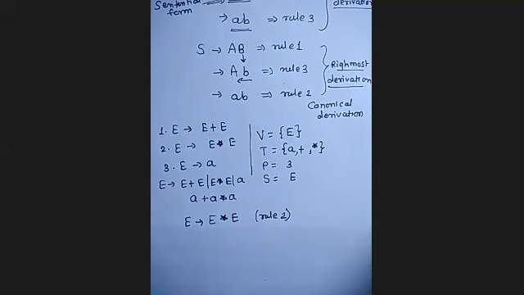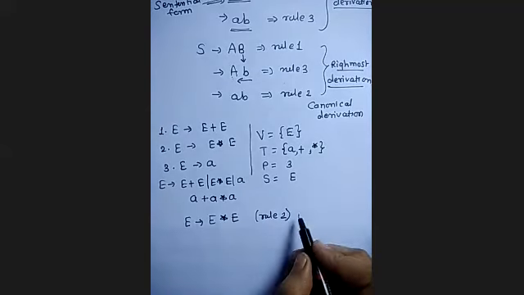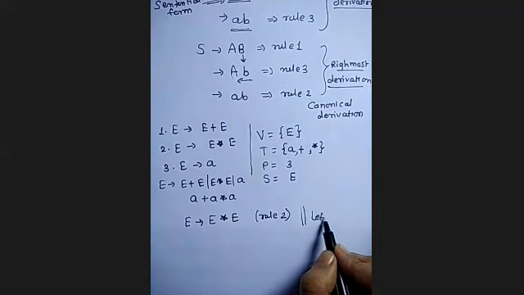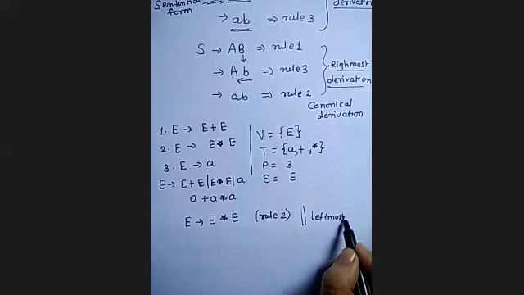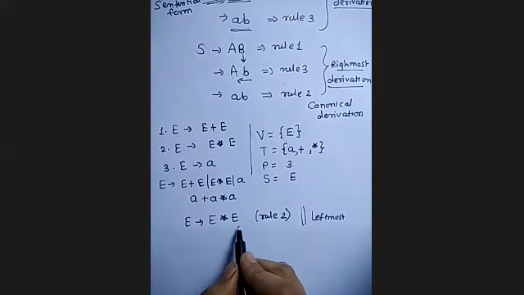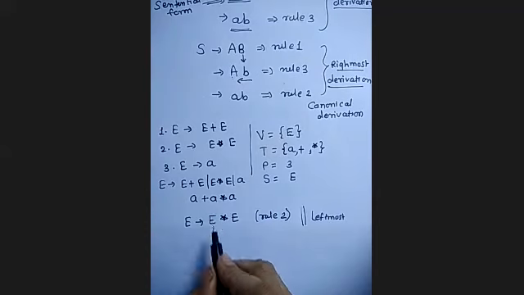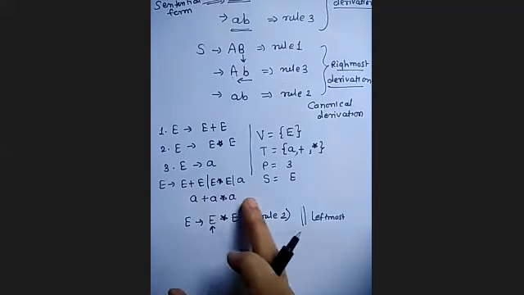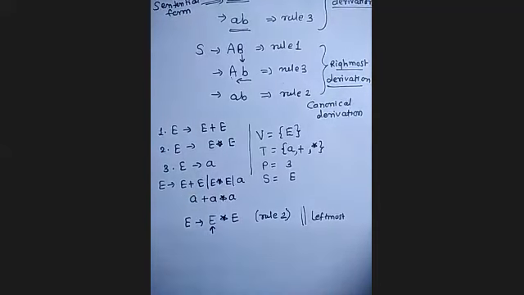Now we are using leftmost derivation. So in the leftmost derivation, what do we have to do? There are two non-terminals on the right hand side. Which is the leftmost non-terminal? This E. And now which rule will you apply to this E so that finally you will get a plus a star a?